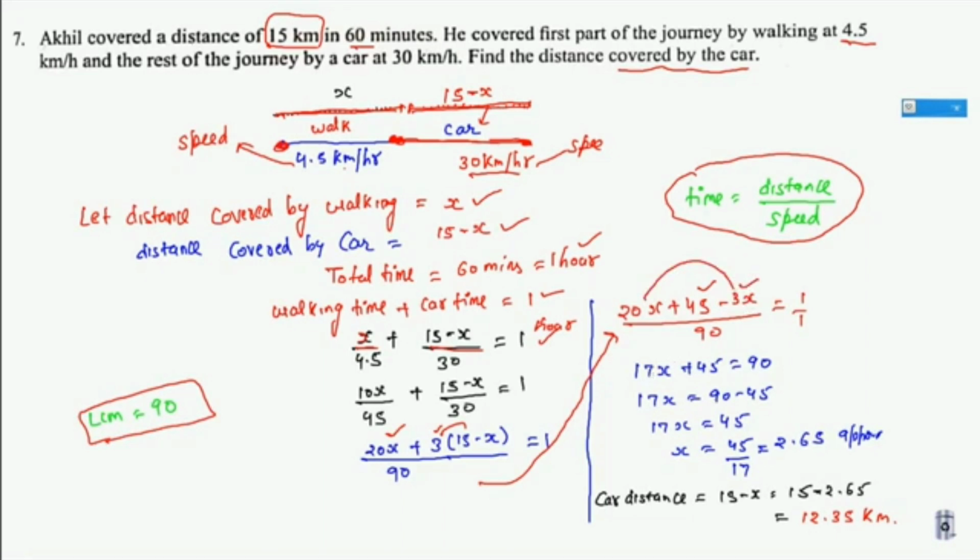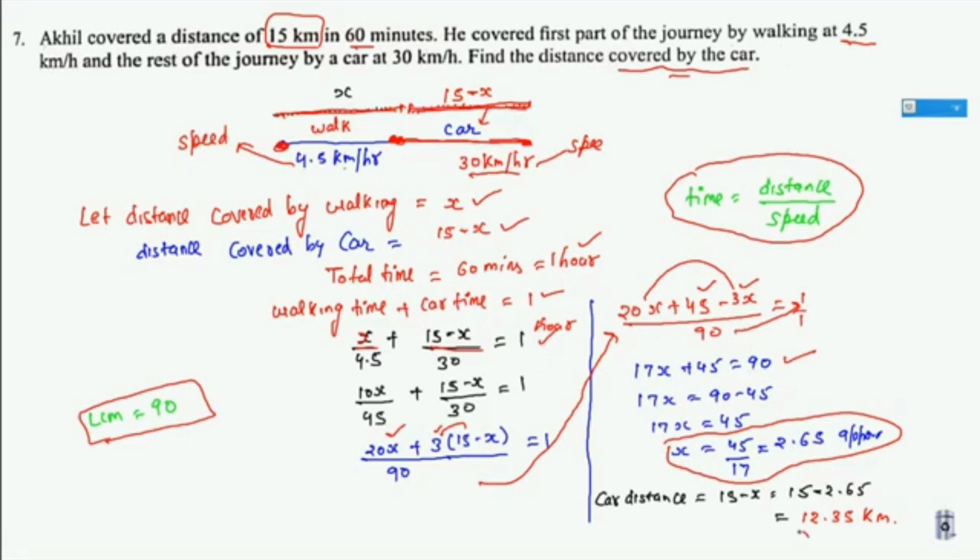Convert into a fraction, that is 17x plus 45 equal to 90. 17x equal to 90 minus 45 and 17x is equal to 45. So x is 45 by 17. We divide it, we get 2.6 approx.